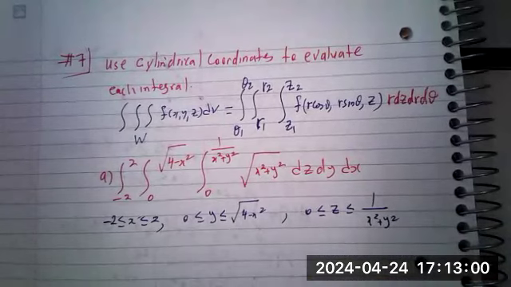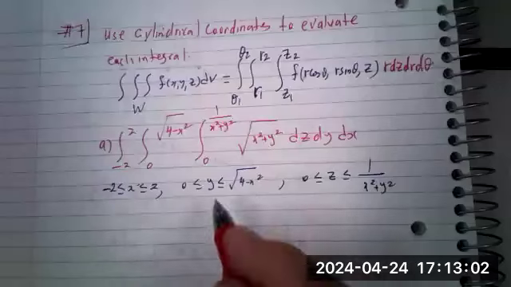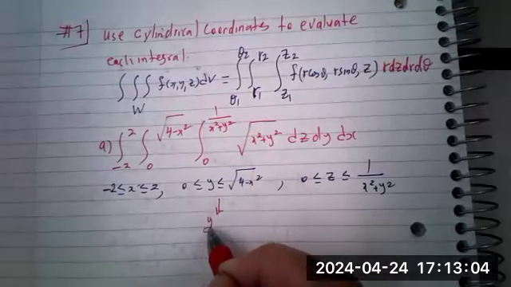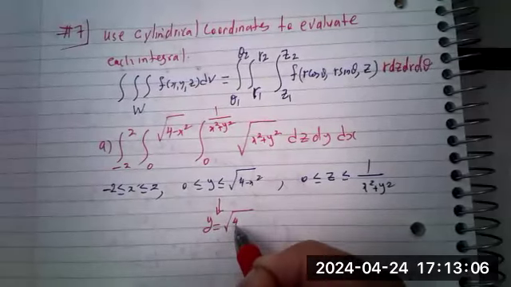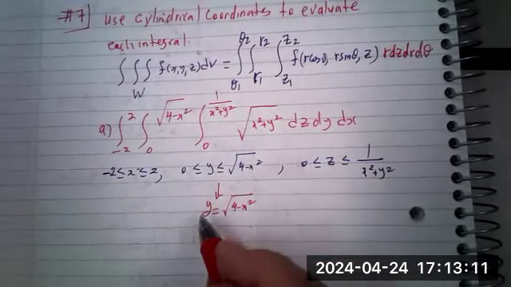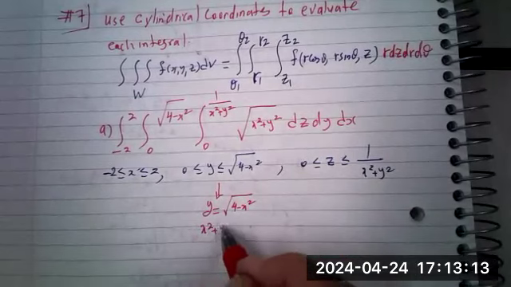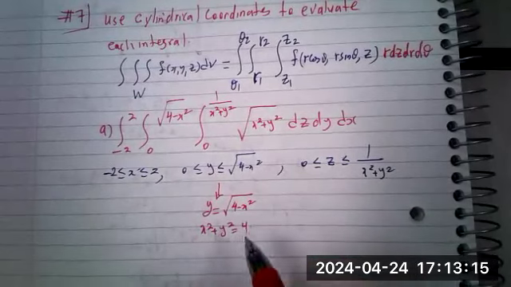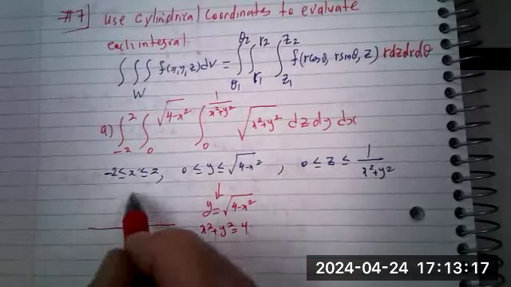You have to find the projection in two dimensions first, as we did before. For the polar form, y equals the square root of 4 minus x squared. That gives you your circle, x squared plus y squared equals 4. So you get a circle.